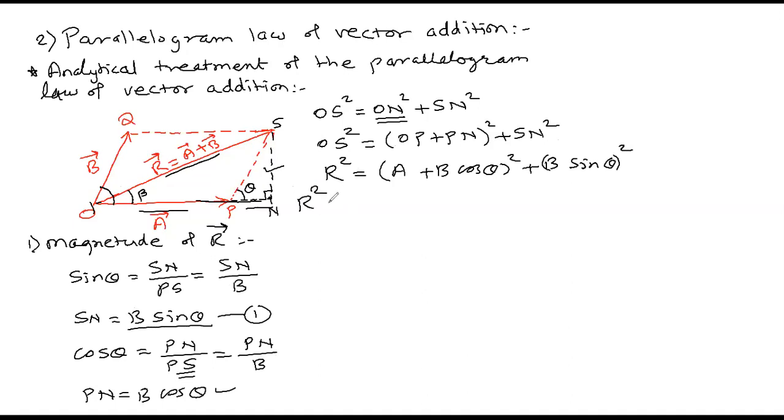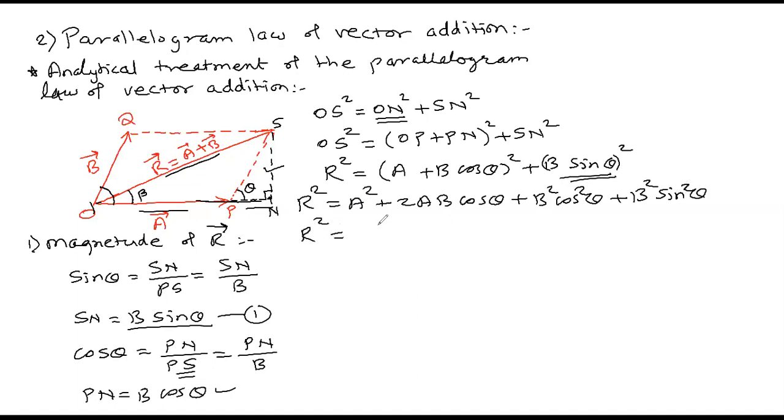So R square is equal to A square plus twice AB cos theta plus B square cos square theta plus again the square of this term, B square sin square theta. So R square is equal to, see here, I will use the identity sin square theta plus cos square theta is equal to 1 by taking this B square as common.